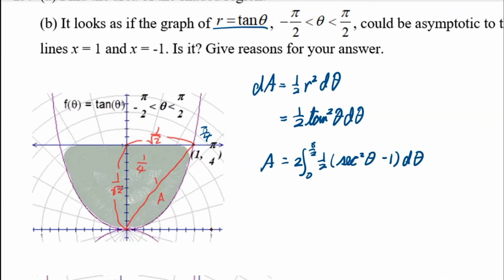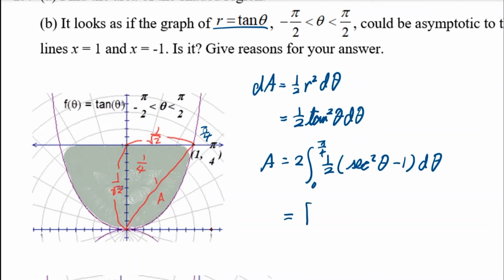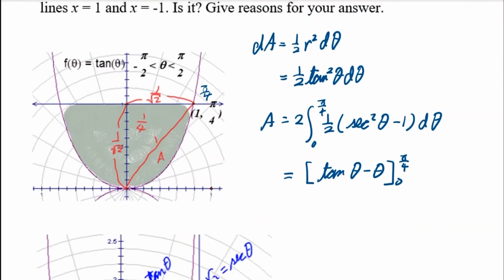Okay, and then you see how nice it is to use symmetry in polar coordinates because the formula itself has 1/2. And if you double it, they cancel. So now I have those two cancel, so secant squared becomes tangent theta minus theta. And this is where we were, right? So far, so good.